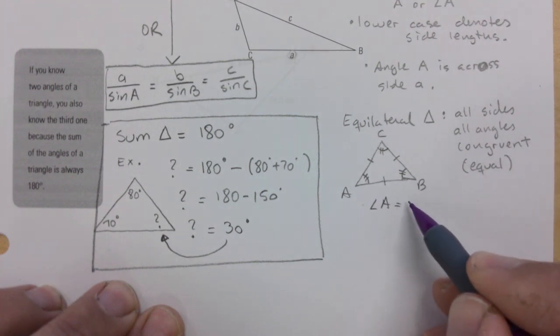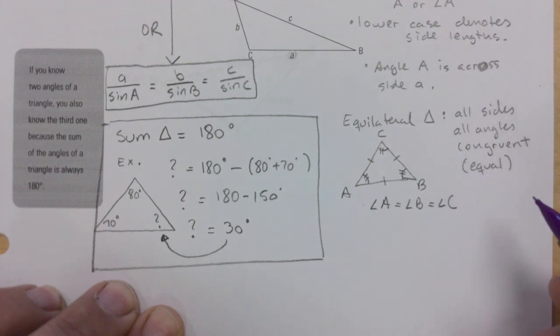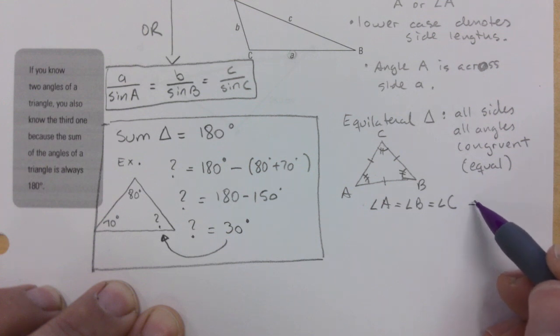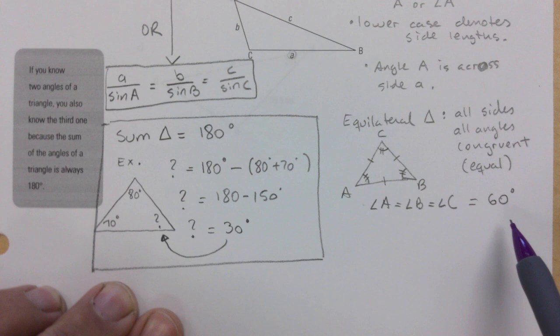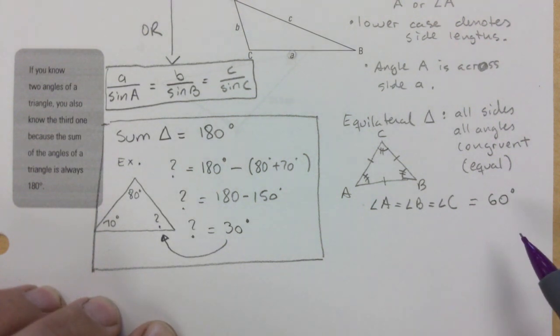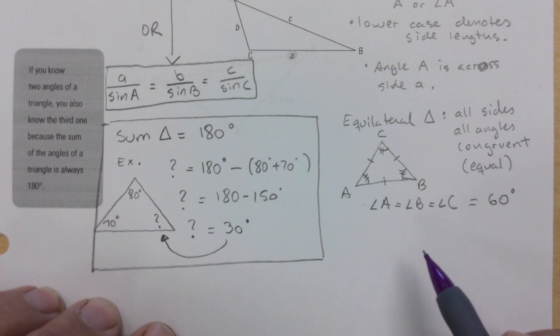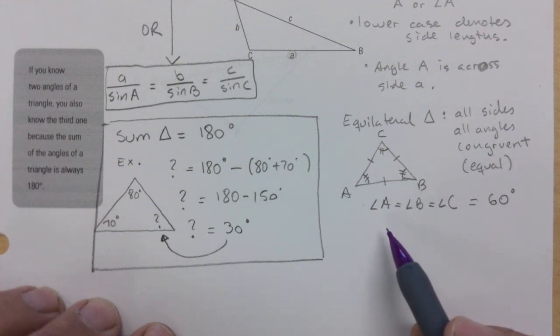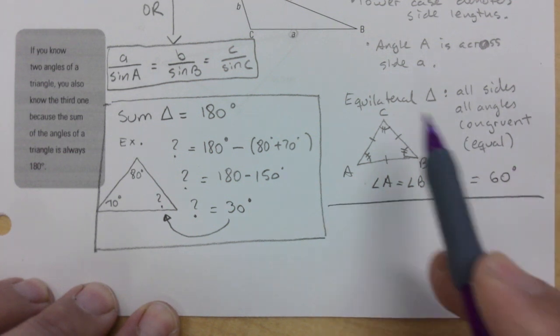Angle A is equal to angle B is equal to angle C, which is always equal to 60 degrees. You know for a fact, it doesn't matter if it's a big or a small triangle, that this is always true. All three angles will always be 60 because you're splitting 180 in 3, right? So 3 times 60 is 180. So that's equilateral there.